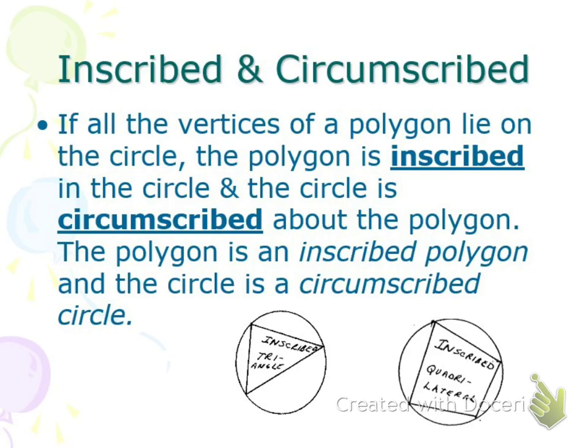The polygon is an inscribed polygon, and the circle is a circumscribed circle. Now we've got pictures showing an inscribed triangle and an inscribed quadrilateral. We can have other inscribed polygons. These are just the ones we're focusing on. Yes, we need the pictures so we know what this looks like.